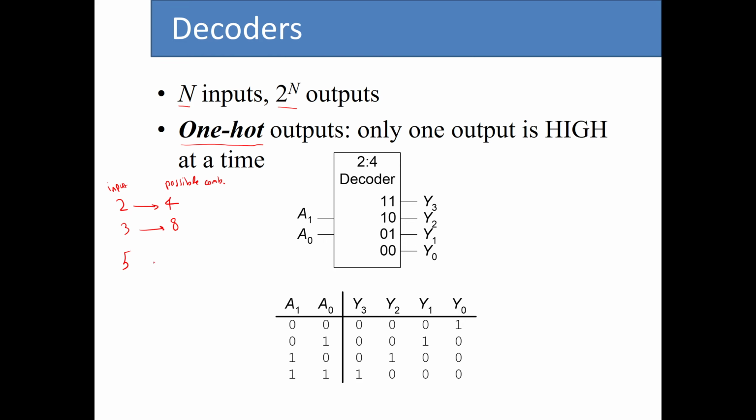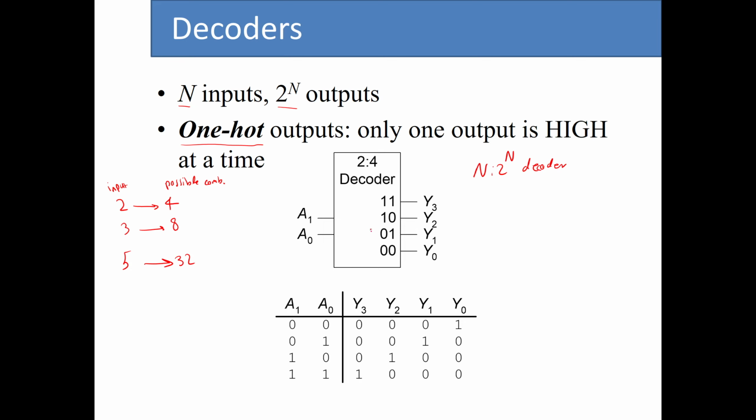If we had 5 inputs, we have 32 possible combinations. So an n to 2 to the n decoder basically gets the inputs and creates all the possible combinations for you.